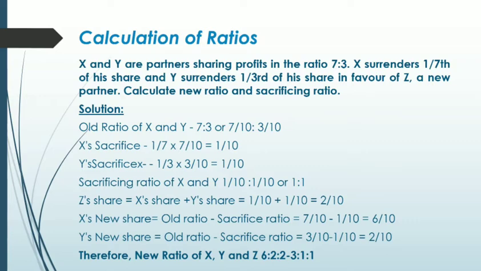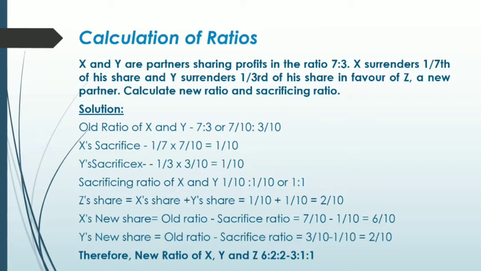Now we will solve this example. In the question, they have given the surrender share of X and Y. The surrender share of X is 1/7 and the surrender share of Y is 1/3. The old ratio is also given between X and Y, that is 7 is to 3.